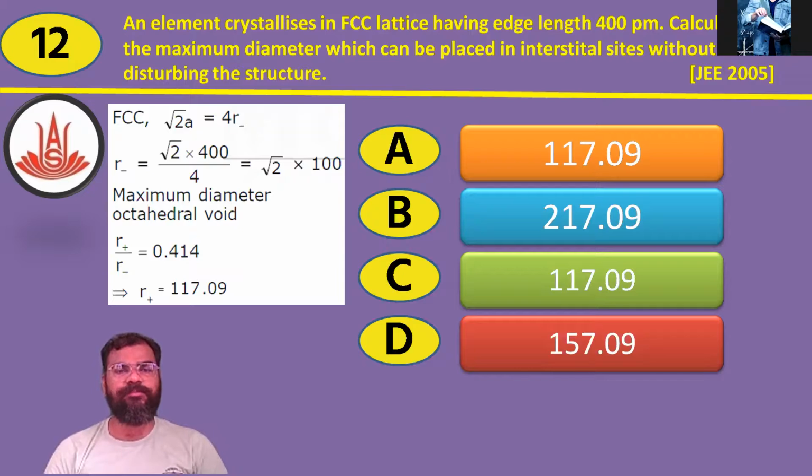So if you make r plus the subject, we have the value of r minus, root 2 into 100. So root 2 into 100 into 0.414, you will be getting the answer, that is 117.09. Okay, 117.09. So here two options are the same, maybe a typing error. So A and C are both the same, so you can select any option from them.